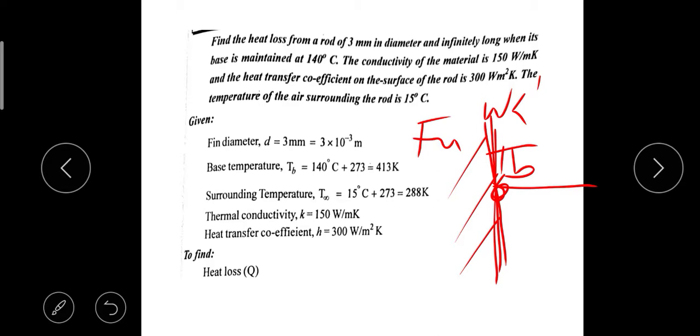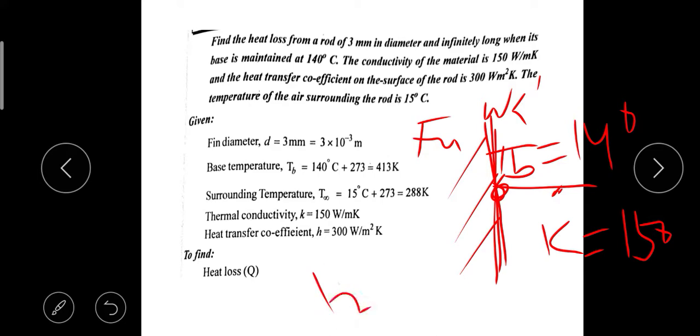Then the thermal conductivity K is given as 150 watt per meter Kelvin. Then another heat transfer coefficient. H is given, H equal to 300 watt per meter square Kelvin. Watt per meter square Kelvin is the unit for H. Watt per meter Kelvin is the unit for K.